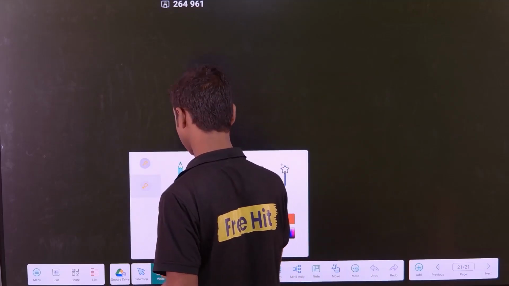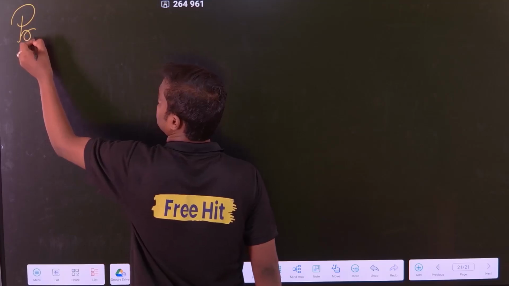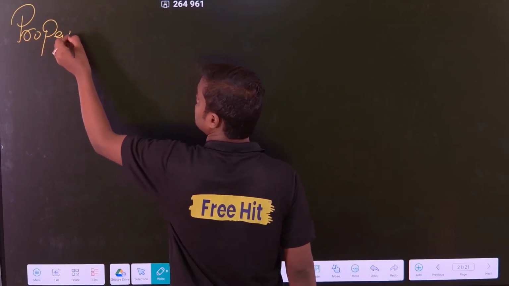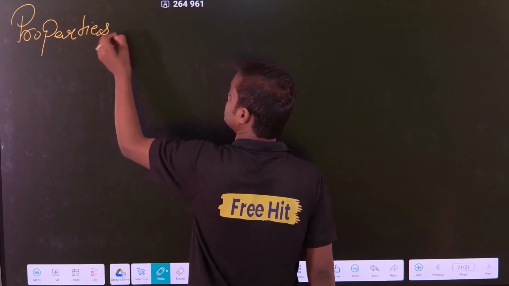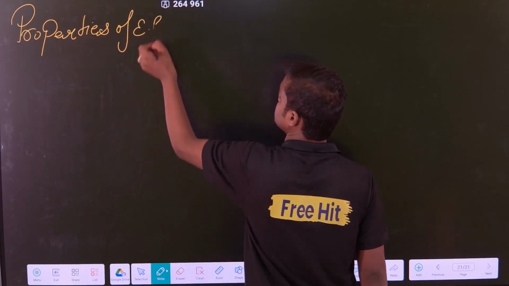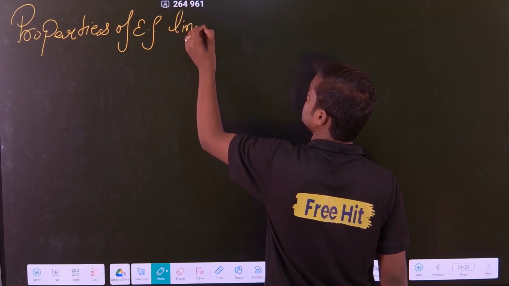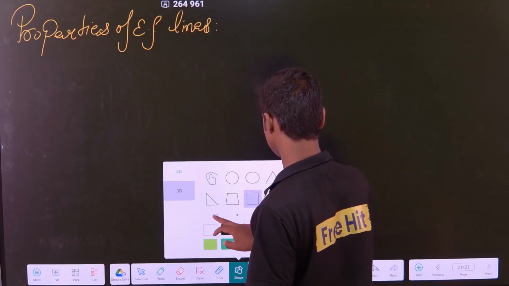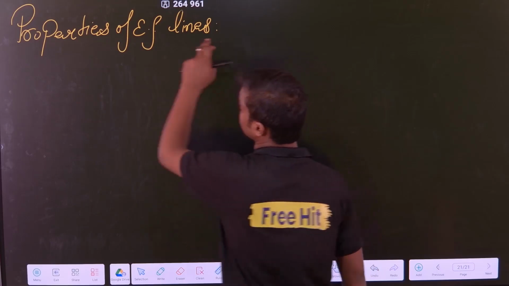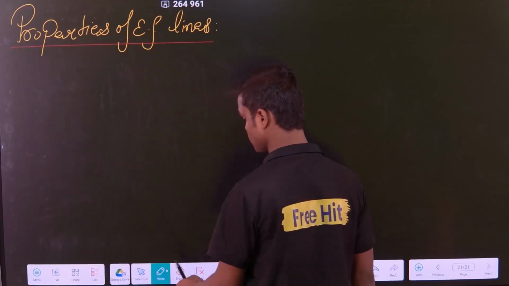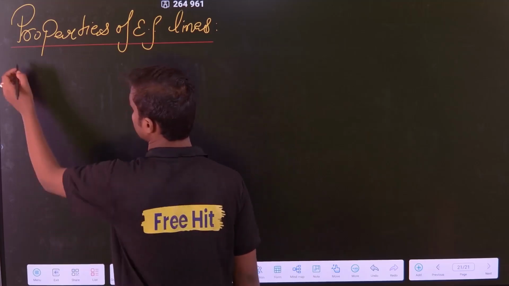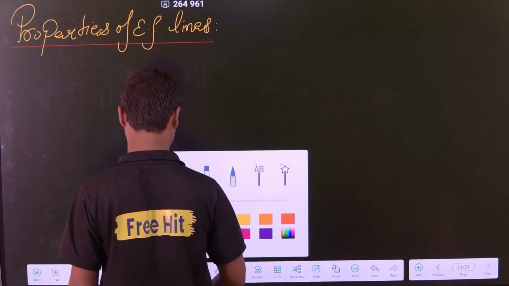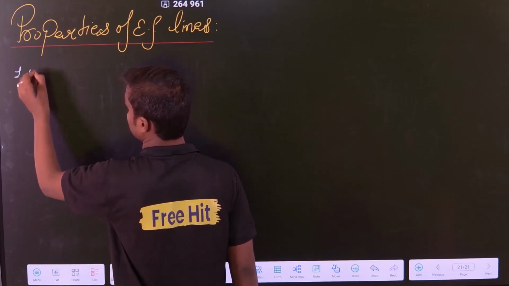Properties of electric field lines. So what are the properties? What is the first property?